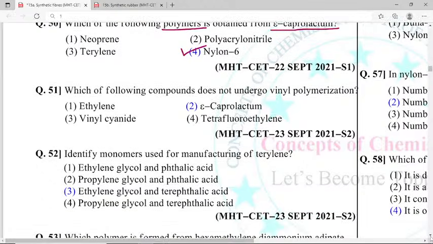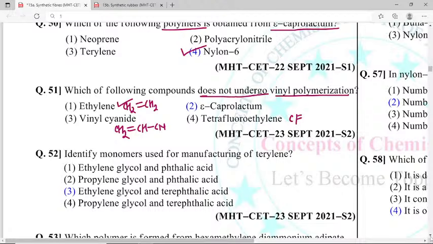Which of the following compounds does not undergo vinyl polymerization? Ethylene undergoes vinyl polymerization because it contains CH2 double bond CH2. Vinyl cyanide, again CH2, CH and CN. Next is tetrafluoroethylene, CF2 double bond CF2. So what is your answer?